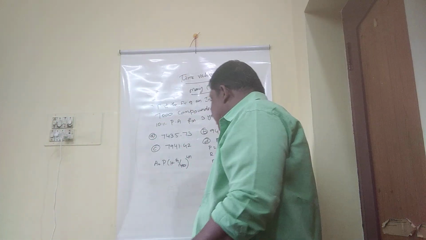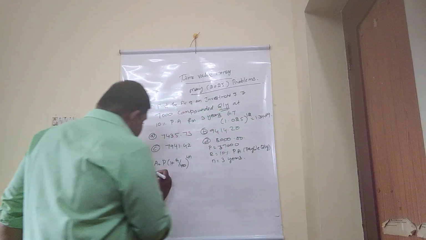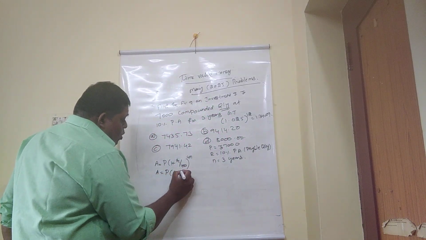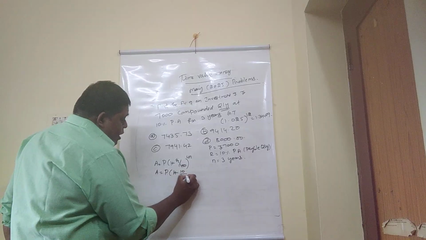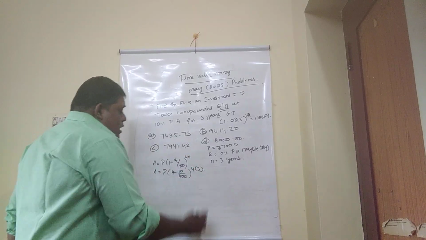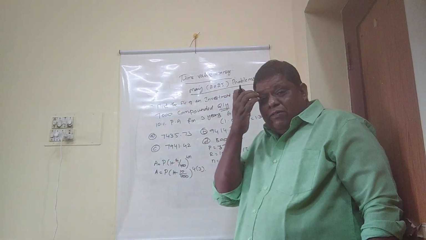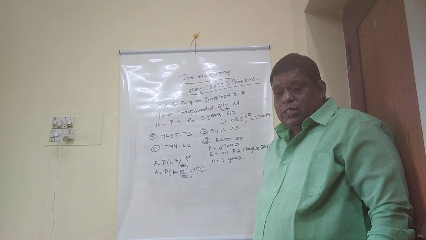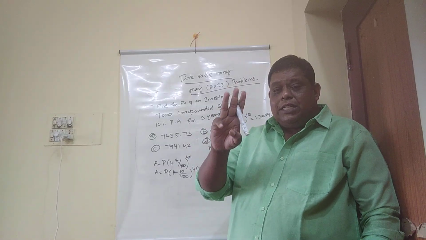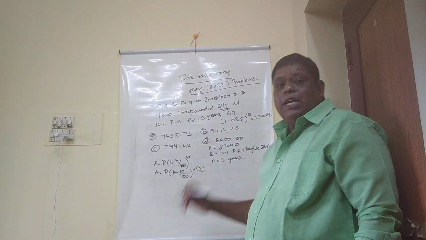Here A is equal to P into (1 plus R, which is 10 divided by 400) whole to the power 4n, where n is 3 years. So 4 into 3, 12. For example, 1 year has 4 quarters, 2 years 8 quarters, 3 years 12 quarters.